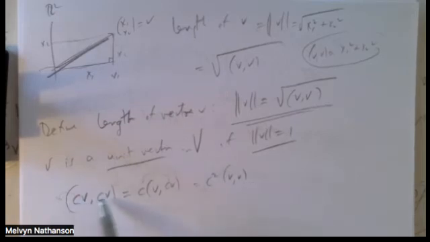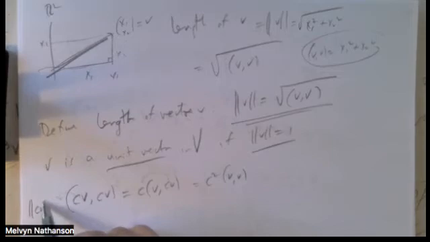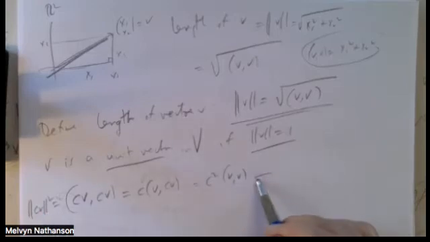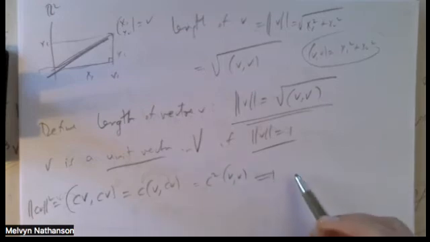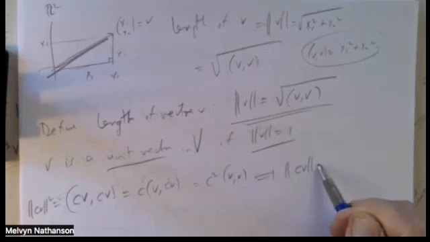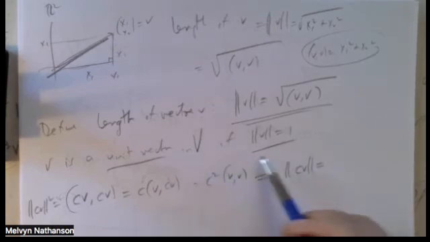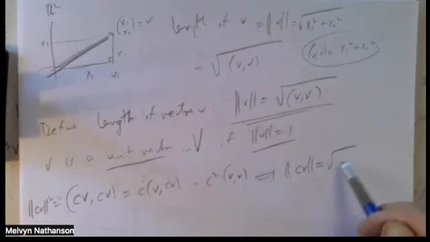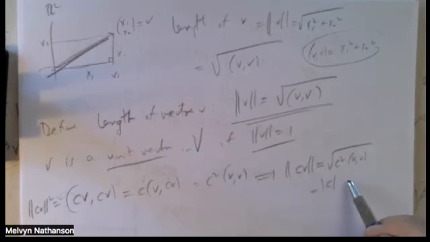And this, the inner product of a vector with itself, that's the square of the length. So if I take the square root, the length of cv is the square root of this, which is the square root of c squared, the absolute value of c, times the length of v.